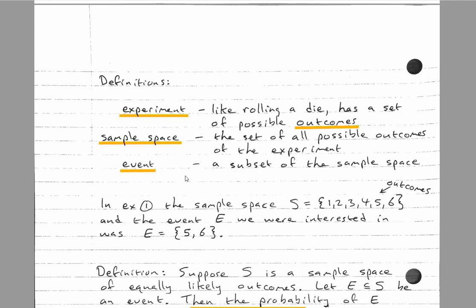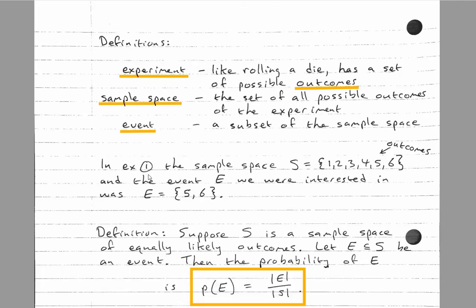And an event is a subset of that sample space. So you're focusing on some certain outcomes that you're interested in. In example 1, when you roll a die, there are only 6 possibilities, so these are the outcomes, and the sample space is the set of those 6 numbers.